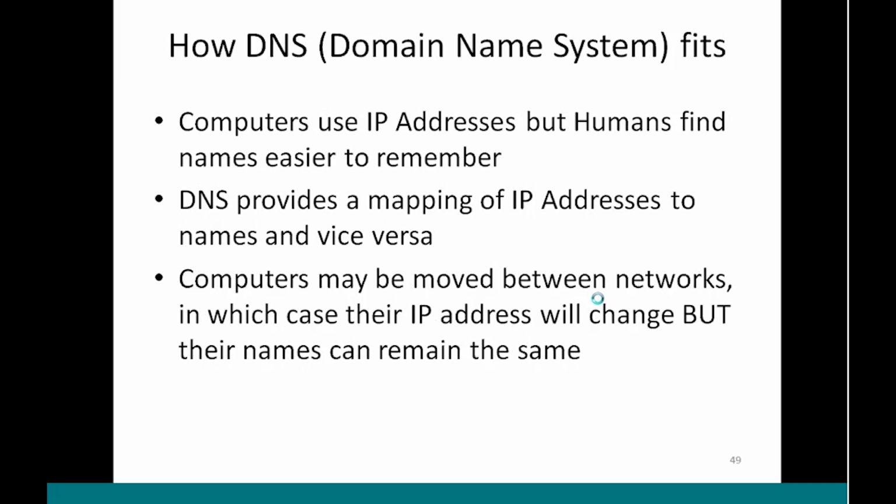This is one of the benefits: when computers are moved between networks, the IP addresses will change, but their domain names remain the same. We saw the name of the machine itself, which always remains the same in whichever network it goes into.